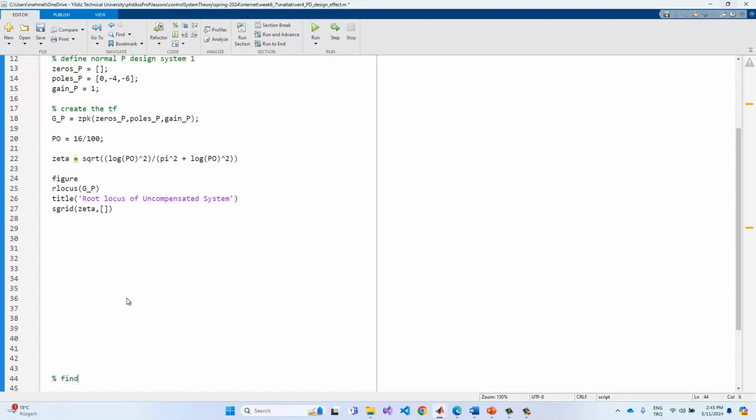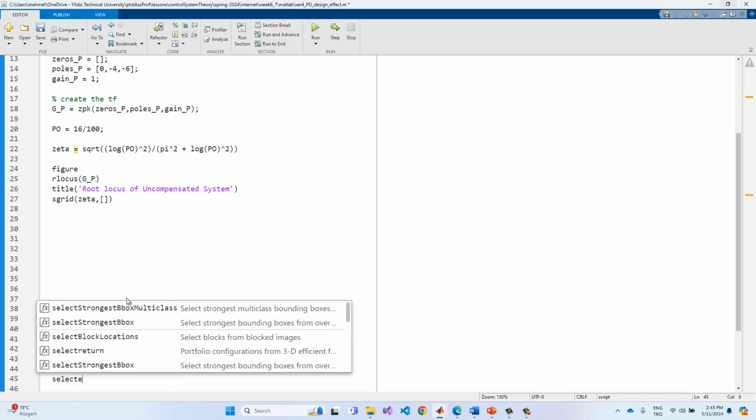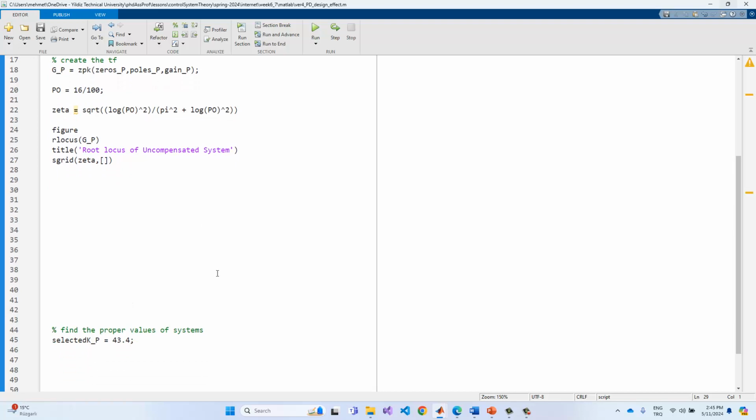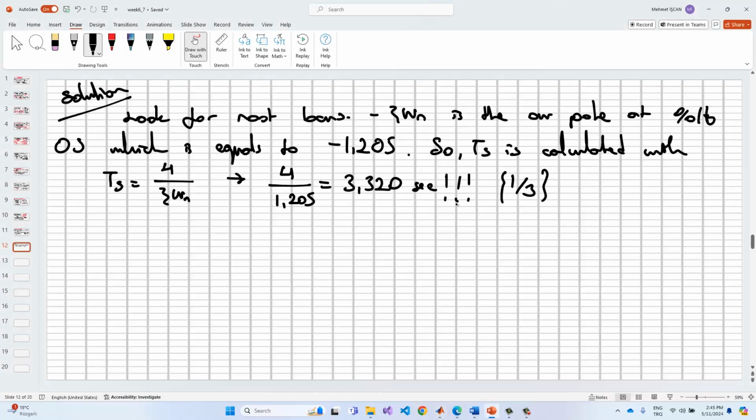After that we need to find the proper values of the system. The selected K on the P controller must be 43.4. Okay, just remember that. After that we need to find the other terms here.